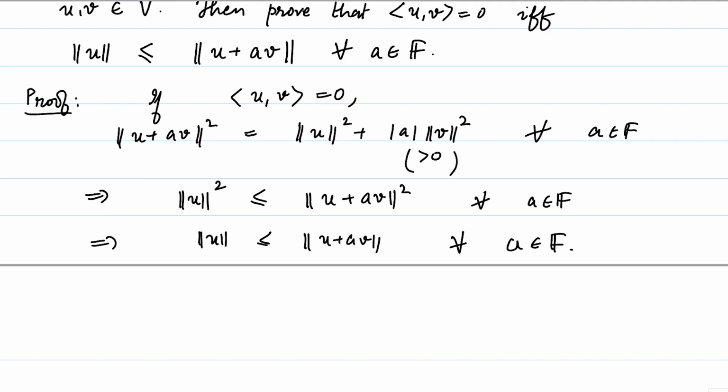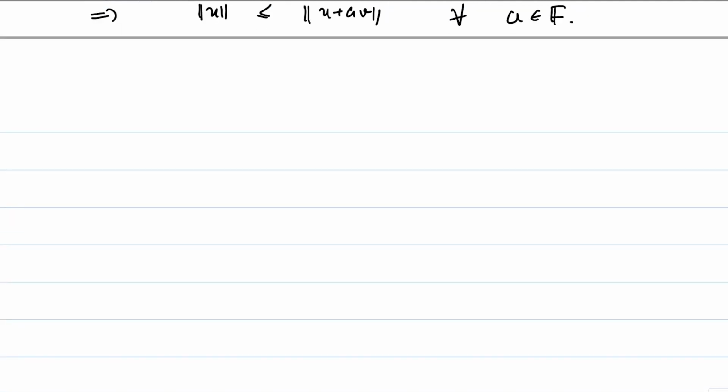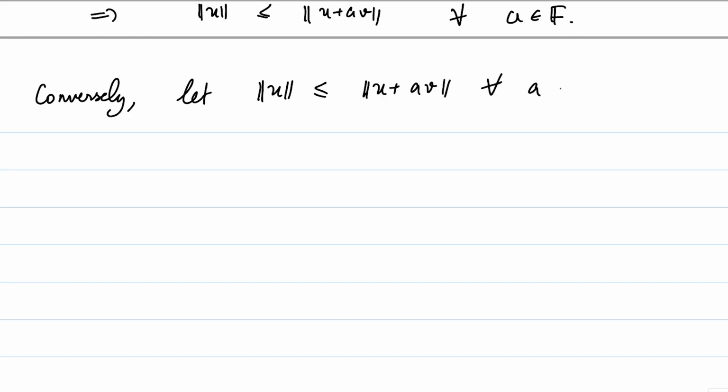Conversely, let the length of u be less than or equal to the length of u plus av for all a in F. Let's now try to conclude that u and v are orthogonal. What is the length of u plus av, the whole squared?